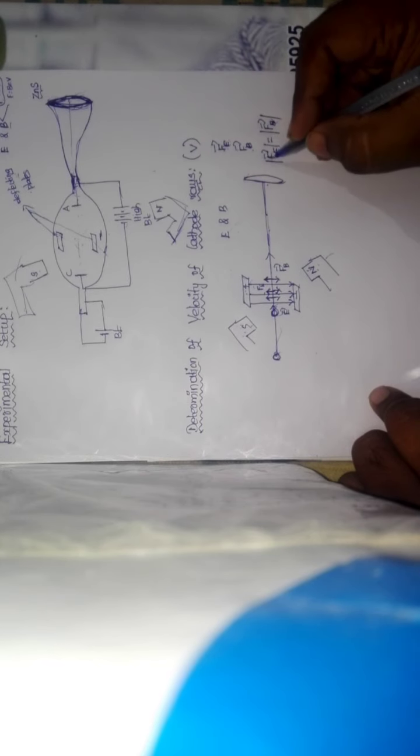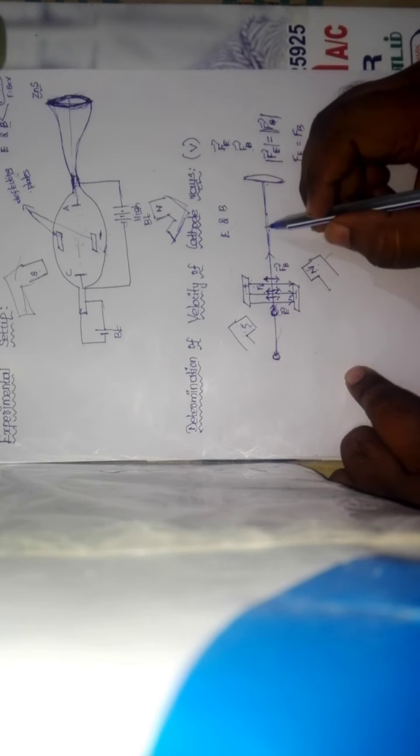At one point, the magnitude of the electric force balances the magnitude of the force due to the magnetic field. See, Fe is equal to Fb. At that time it is balanced. Very, very important: when E and B are balanced, the magnitude of the force produced by the electric field is equal to the magnitude of the force produced by the magnetic field.